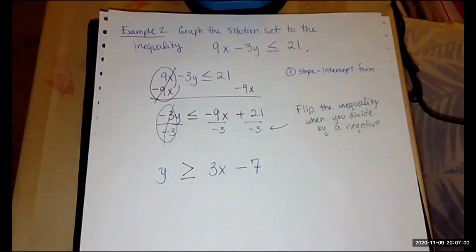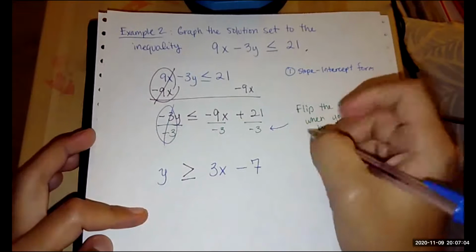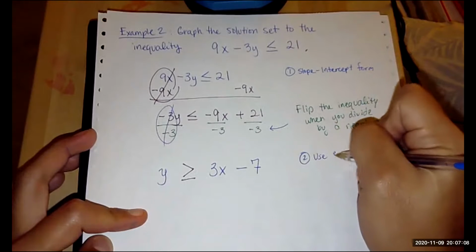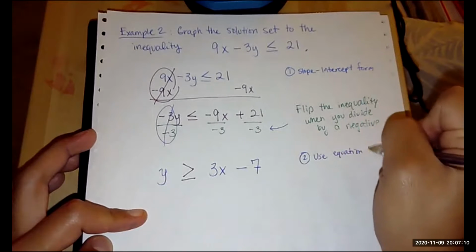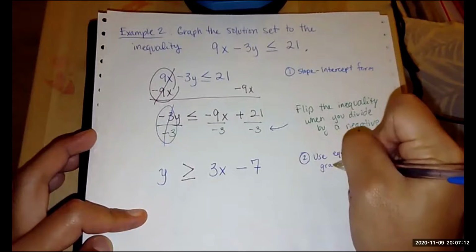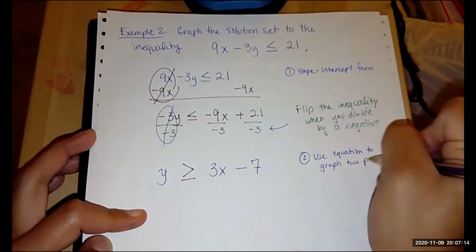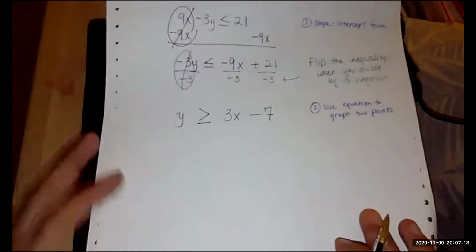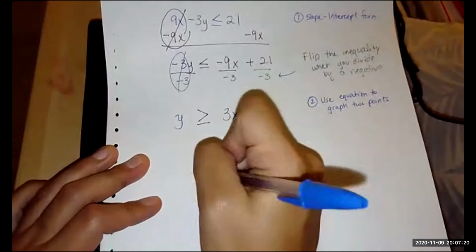Okay, so once we have it in slope-intercept form, we can go ahead and graph this thing now. So 2, use the equation to graph 2 points. So we can draw our Cartesian coordinate space.